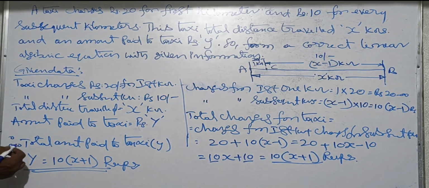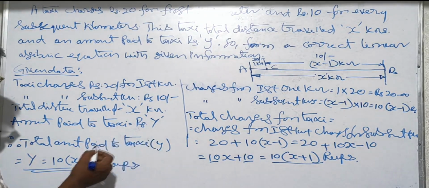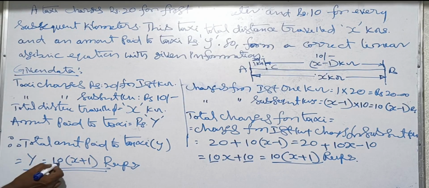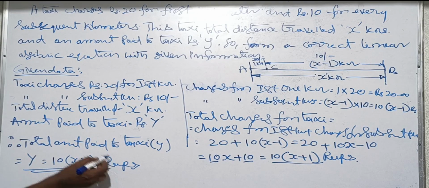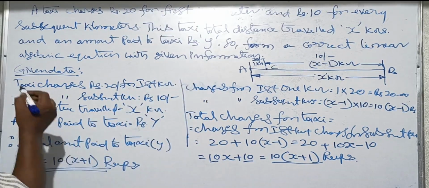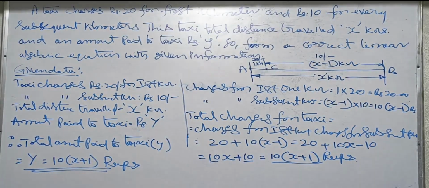So y is equal to 10 into x plus 1 rupees. This is the linear algebraic equation.